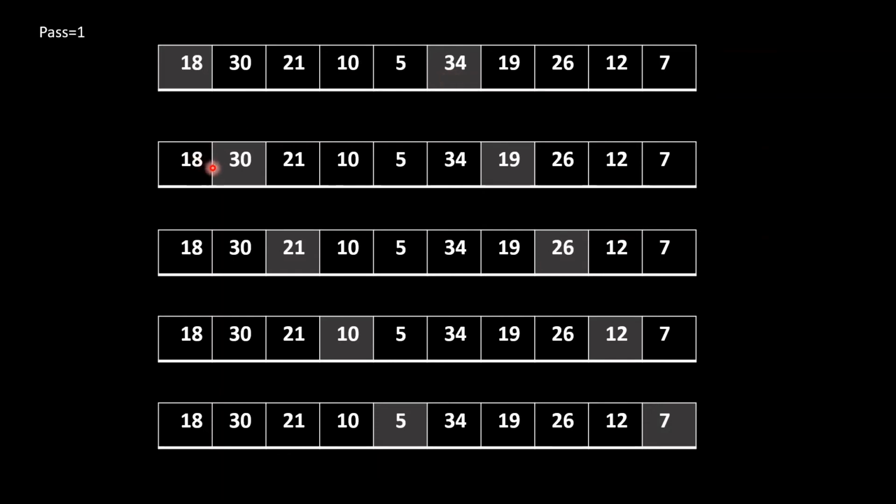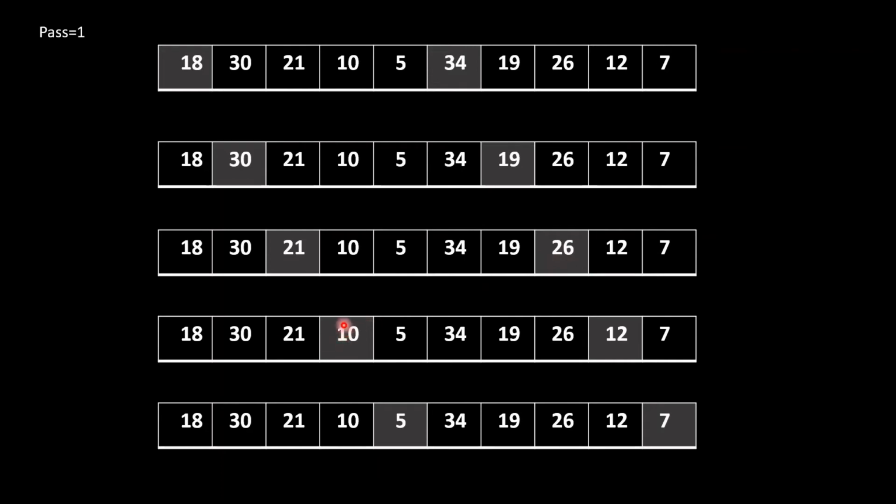Then in the second subarray, 30 and 19 will be compared. Since 19 is smaller than 30, they will be swapped. So 19 will come into 30's position and 30 into 19's position. Similarly, in the third subarray, 21 and 26 will be compared. 21 is less than 26, so it will not be swapped.